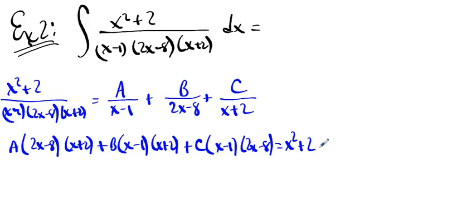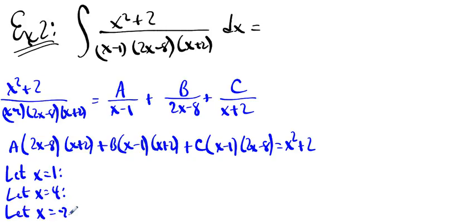And then we're going to try three values of x. I would try x equals 1, and I would try x equals 4, and I would try x equals negative 2. You may even want to take a moment and do those substitutions. You get three easy equations to solve. I'll wait. Hit the pause button.